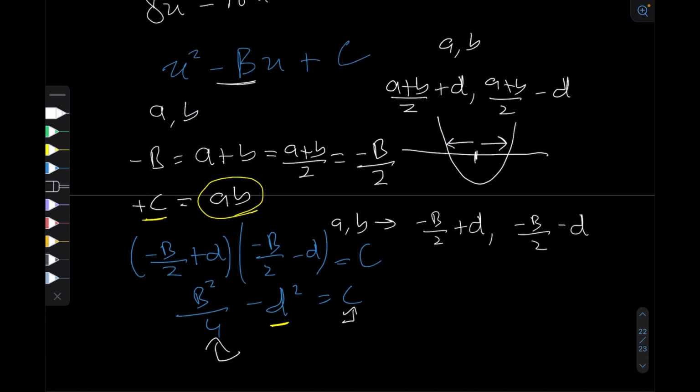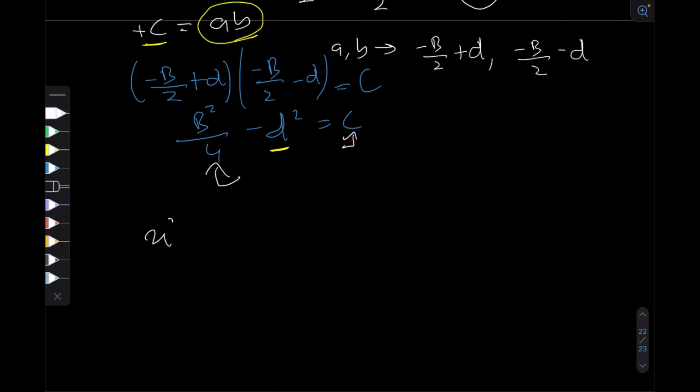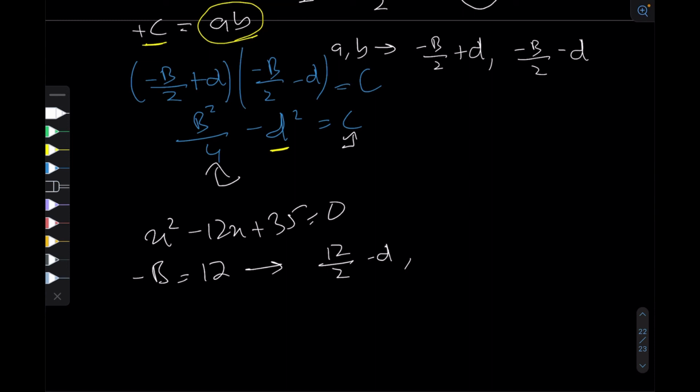So enough working with the b's and c's. Let's look at our equation here: x squared minus 12x plus 35 equals 0. Minus b is basically 12, and so we can say that the roots will be 12 over 2 minus some d and 12 over 2 plus some d.